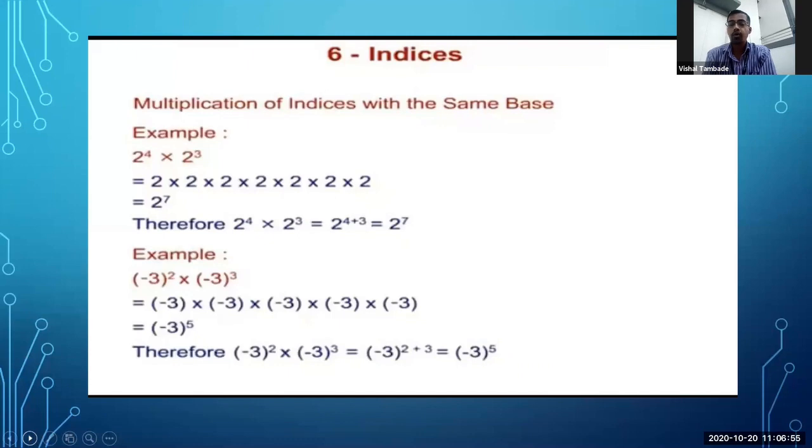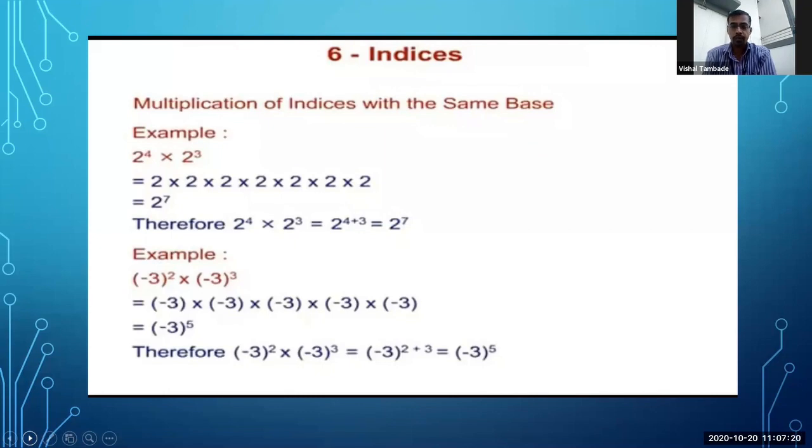The base is the same, minus 3, so we write the base one time and add the powers because the operation between both indices is multiplication. 2 plus 3 is 5, so our answer is minus 3 raised to the power 5.